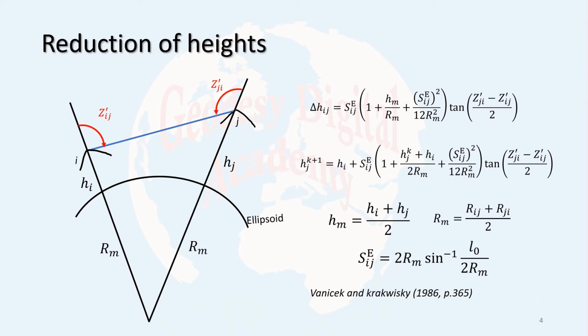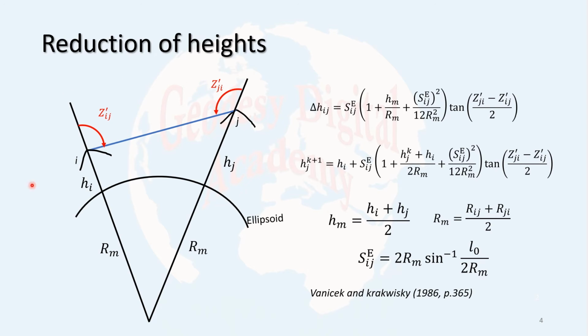In the past, for making a geodetic network, we had to go to the top of mountains and measure the vertical angles between points. For example, here I have I and J, and I have measured the vertical angle from point I to J. And when I am at point J, I measure this vertical angle from J to I. And here I use Z prime for both of them.